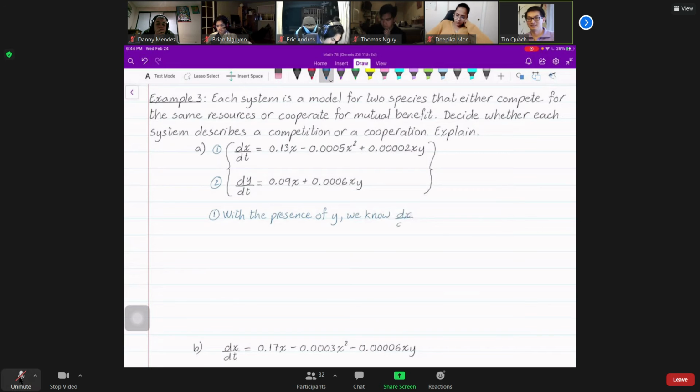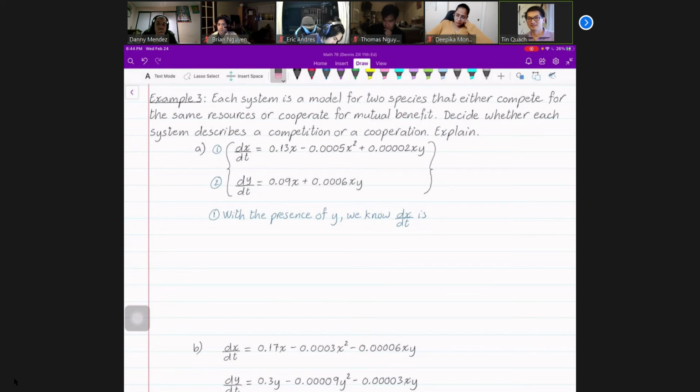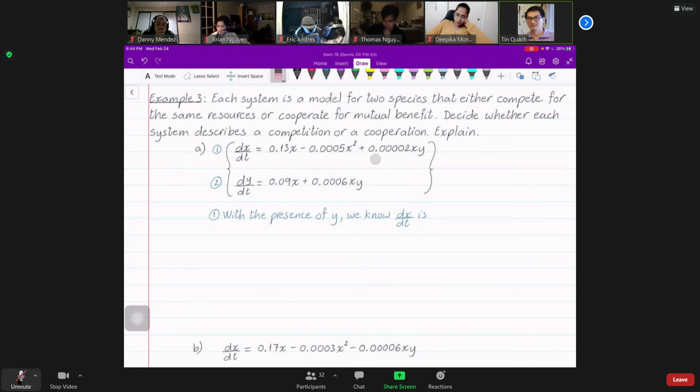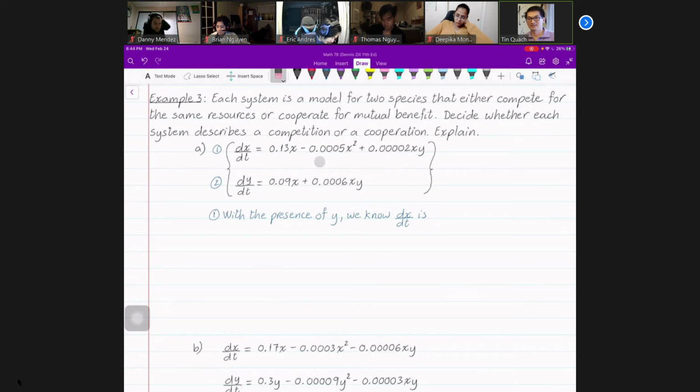When y is present, is this getting less or more? More. That means dx/dt is getting more, right? Because this term with the presence of y is a positive term. So you add that positive term to these two terms, then this is getting more.